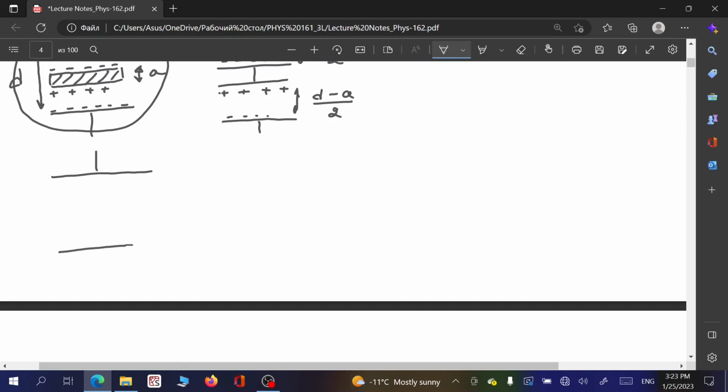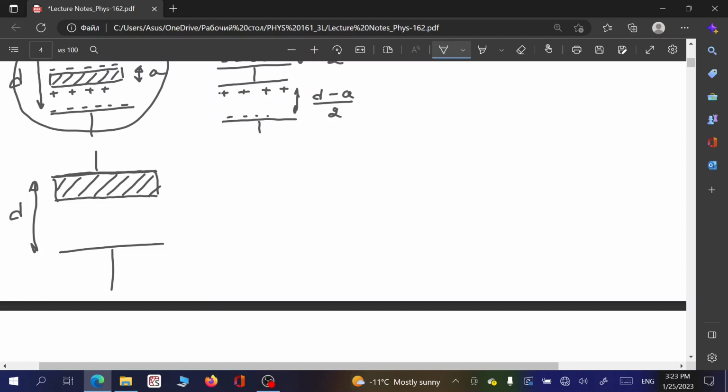So another example, if we have a parallel capacitor, there is some distance d between the plates, and then we fill it with a dielectric layer like this. So it's in contact with one of the plates, but doesn't fill the whole space between the parallel plates of this capacitor.